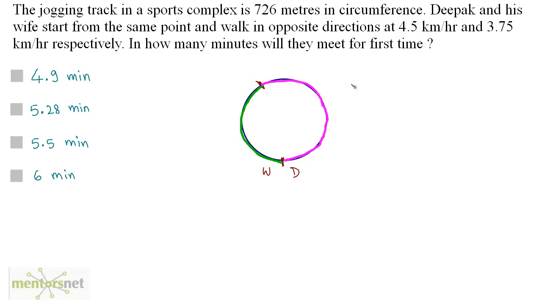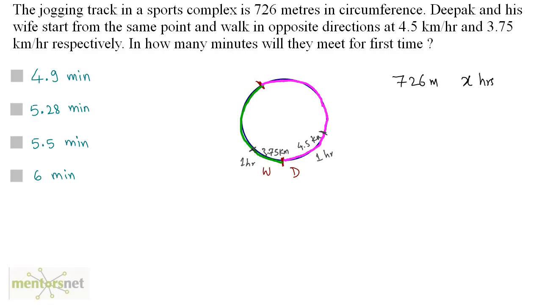Now let us say that the time taken for them to meet is x hours and they have traveled 726 meters. Okay. Now Deepak's speed is 4.5 kilometers per hour. So in 1 hour Deepak would have traveled 4.5 kilometers. Similarly, in 1 hour his wife would have traveled 3.75 kilometers because her speed is 3.75 kilometers per hour.